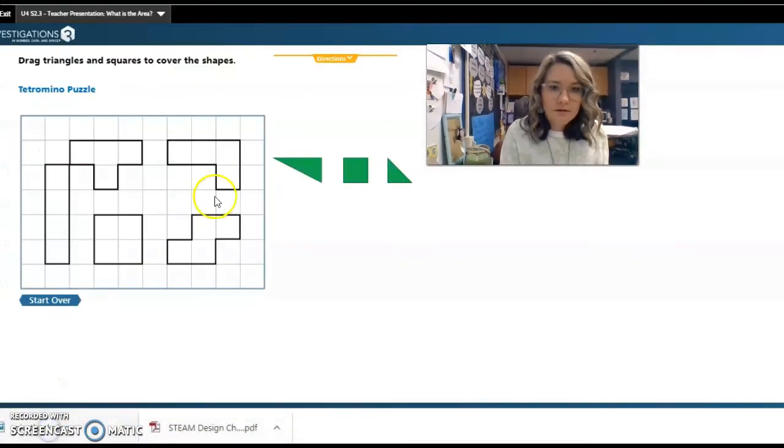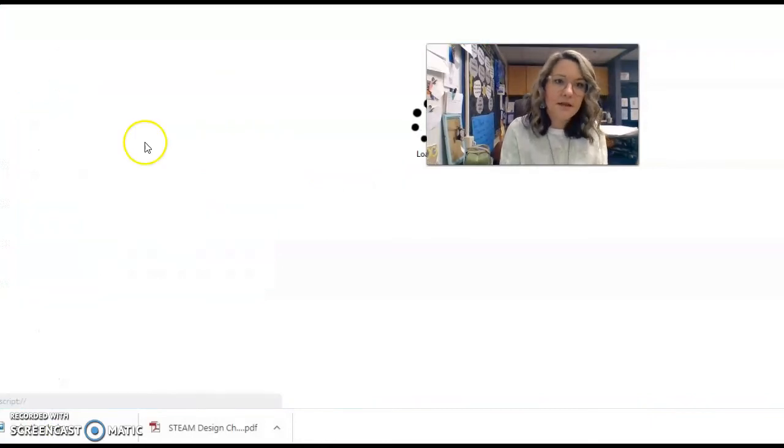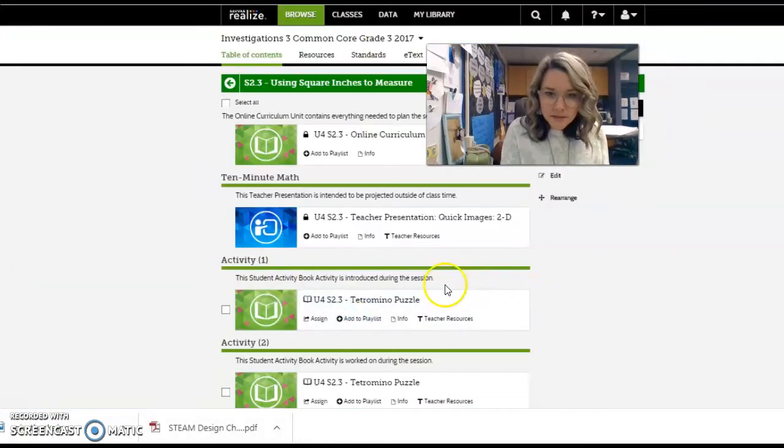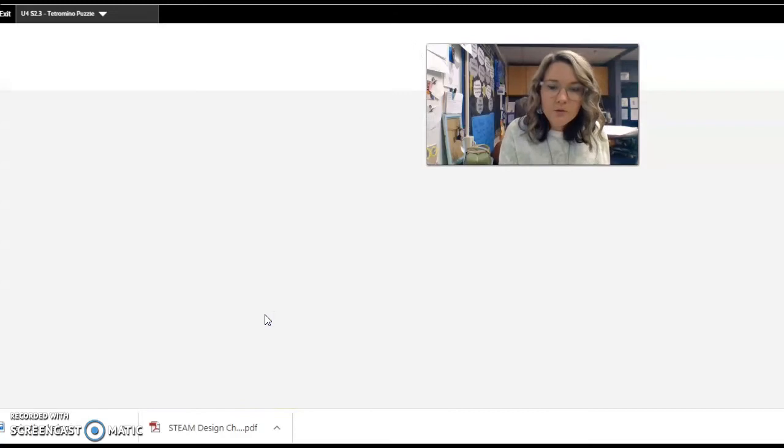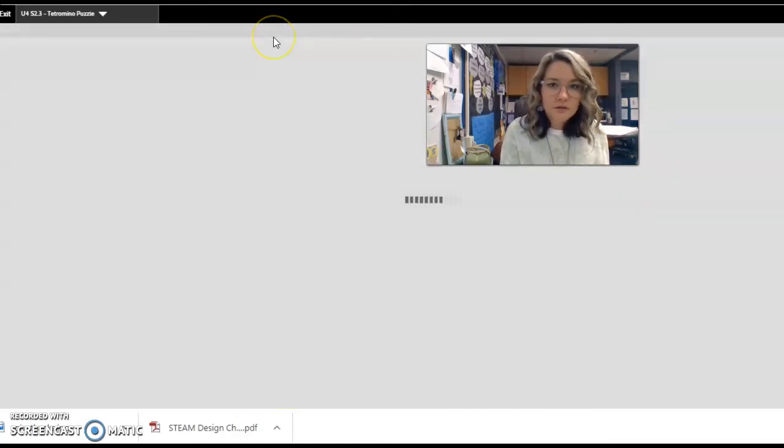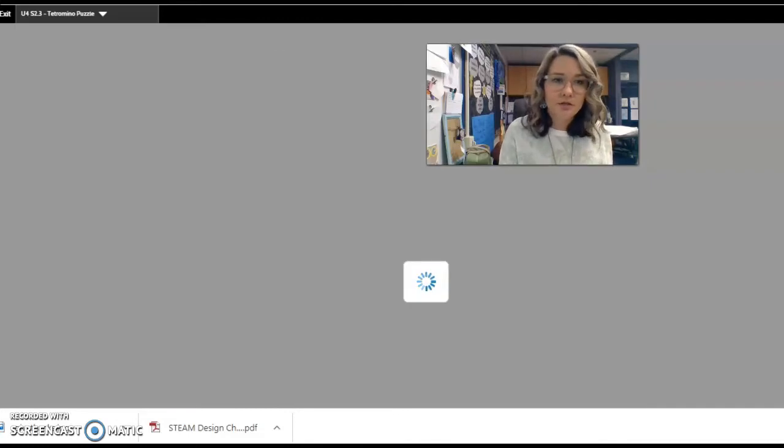So we are going to be working on pages 239 and 240 today. And let me actually bring that up so that we can talk about it. Here we go. I'm going to come back to that in just a minute. So we are going to be looking on pages 239 and 240.